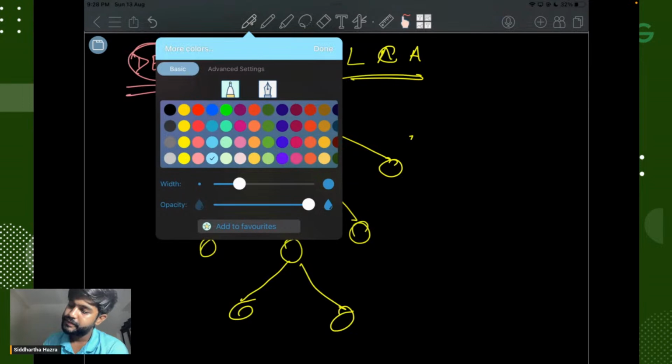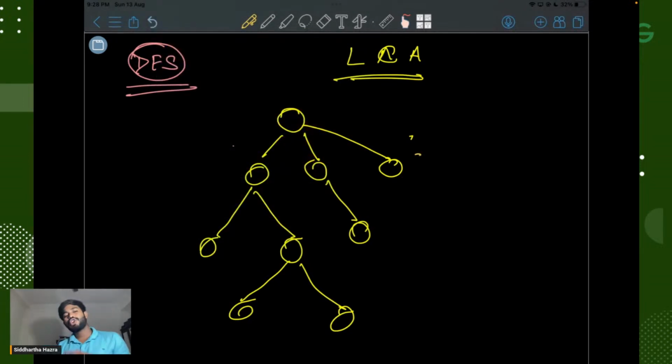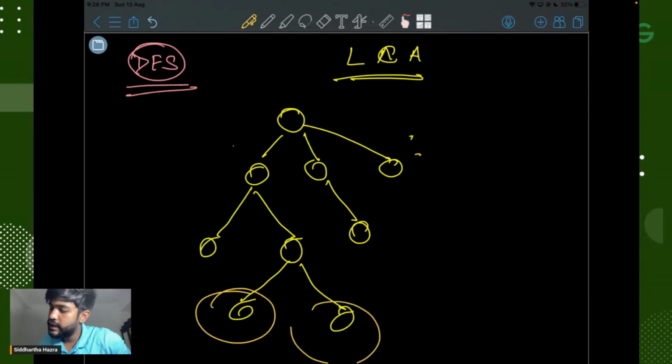Now see carefully. The lowest common ancestor, as the name suggests, is the common grandparent which is shared by both, and it is the lowest such one. So let's talk about these two. For these two, the common ancestor is nothing but this person.